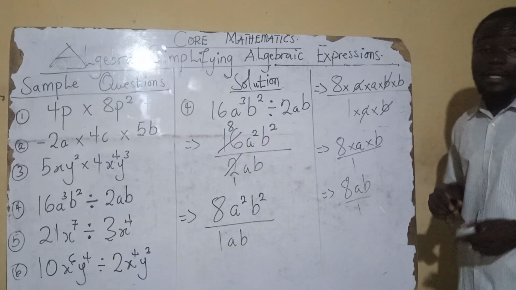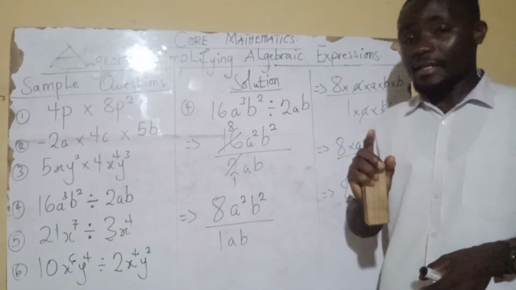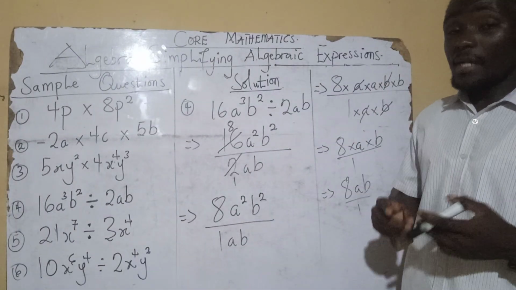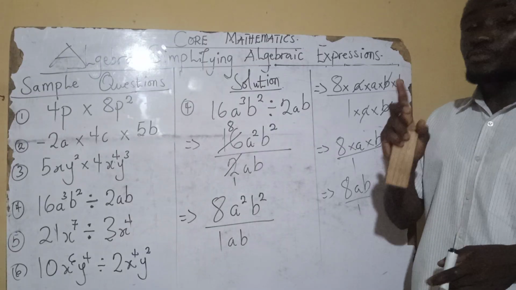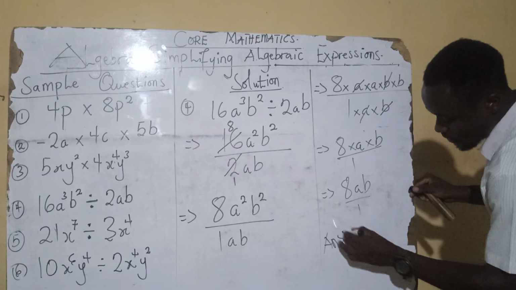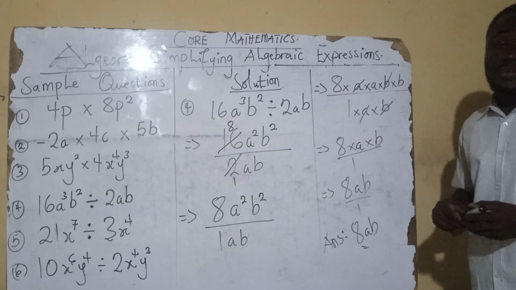And we said that anything over 1 in terms of math is a term itself. Anything that bears the denominator 1 is a term itself. So our answer over here becomes 8ab. I believe you are good with that. Very good.